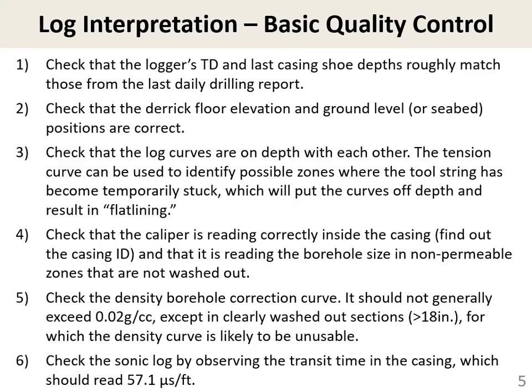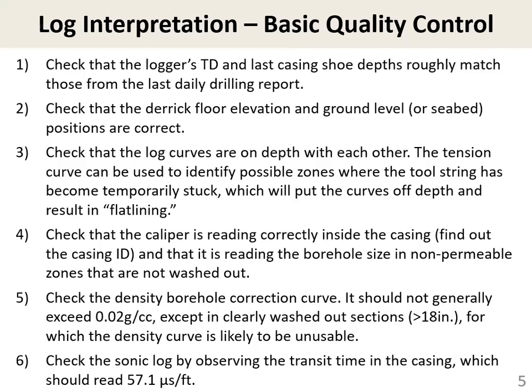Then the other important curve to check, talking about the integrity of the hole, is the density borehole correction curve. It shouldn't exceed 0.02 gram per cc, except in clearly washed out zones.